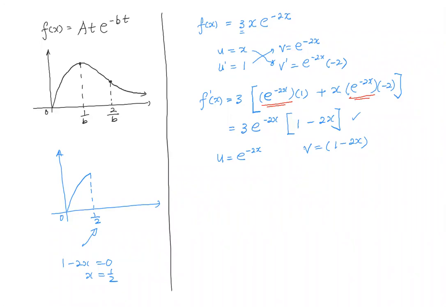Okay, so my u prime will be e to the power negative 2x times by the derivative of the power. My v prime is negative 2. It's good that you bracket it up as long as I see the negative number.